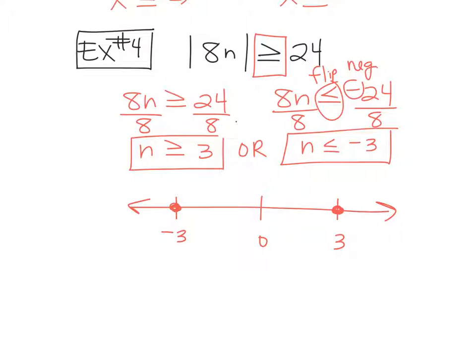So n is greater than or equal to 3. That's going to be this guy over here. Less than or equal to -3, you're going to the left on that. So that would be the graph of it. If we didn't flip it, it wouldn't be an or problem anymore.